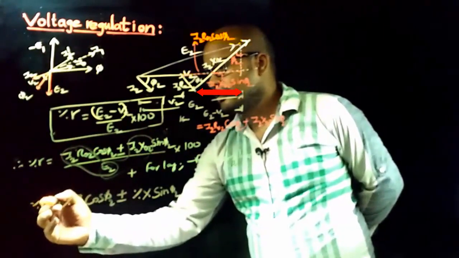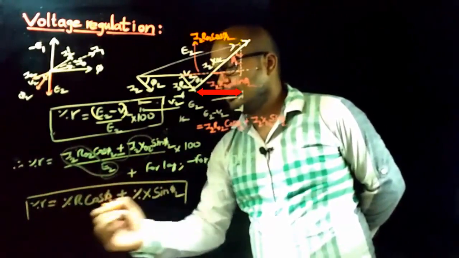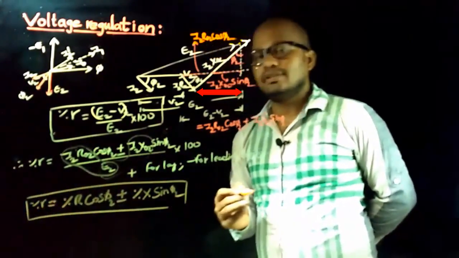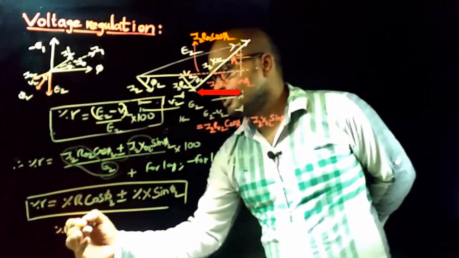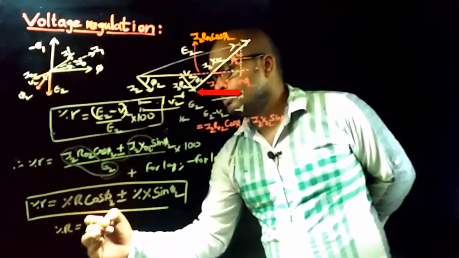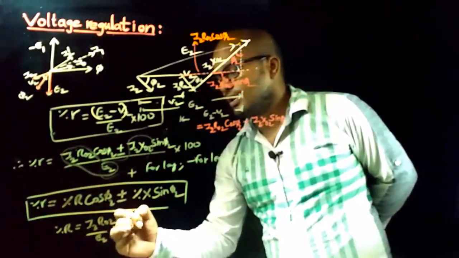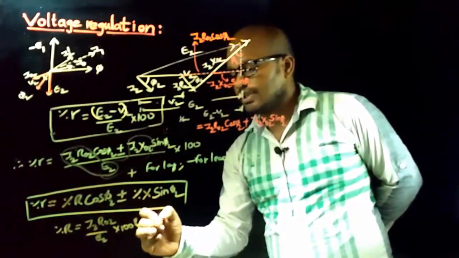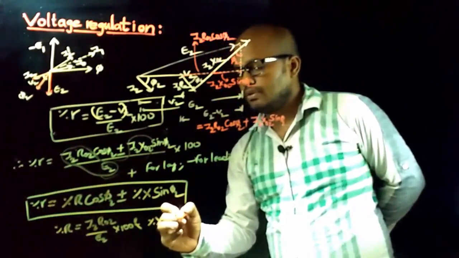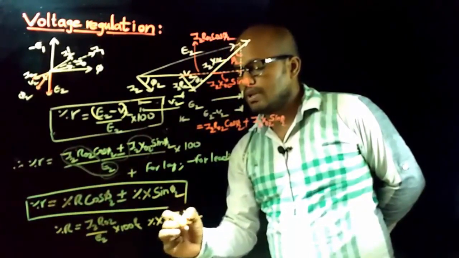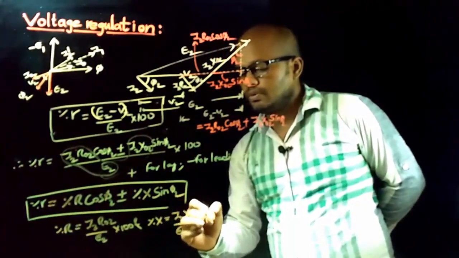This is one more formula for percentage voltage regulation, where percentage resistance is equal to I2 R02 by E2 into 100, and percentage reactance X is equal to I2 X02 by E2 into 100.